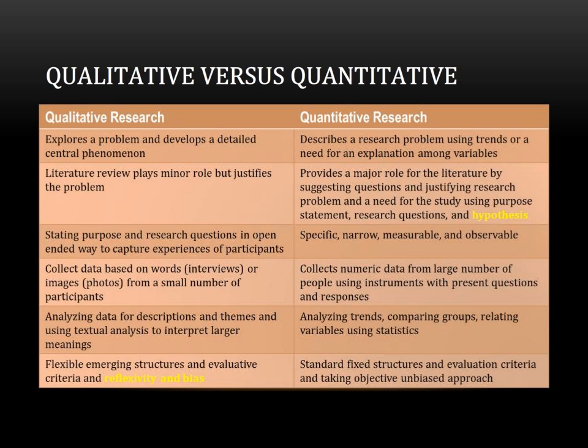Analyzing trends is also important for quantitative data research. Analyzing trends, comparing groups, relating variables, all of this is done typically using statistics. Quantitative research also has standard fixed structures and evaluation criteria, and claims that research can be unbiased.